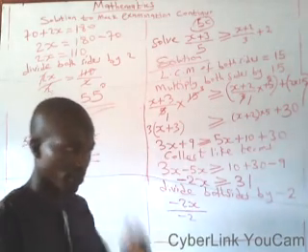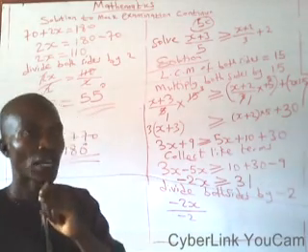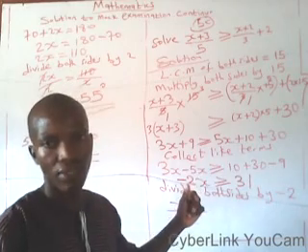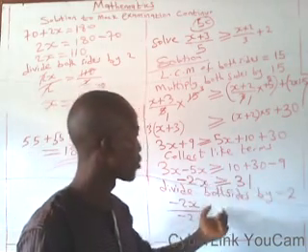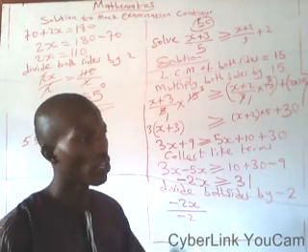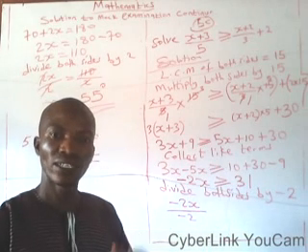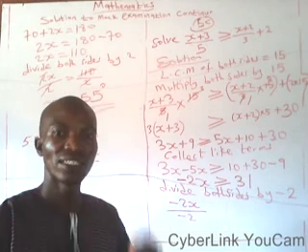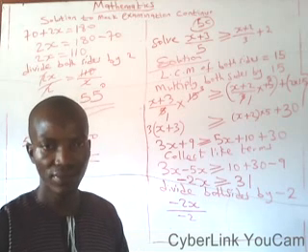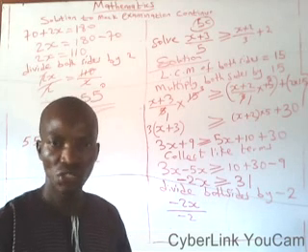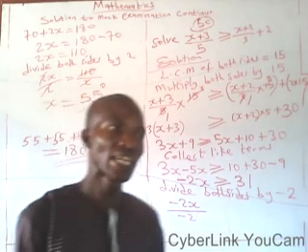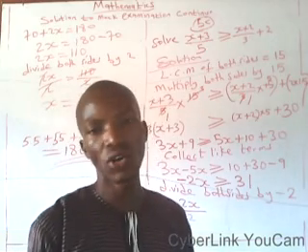Another important thing here: whenever you are doing division in an inequality, if you are dividing both sides by a negative coefficient, the sign of inequality that you have will change. If it is less than before, it's going to change to greater than. If it is greater than or equals to before, it's going to change to less than or equals to.